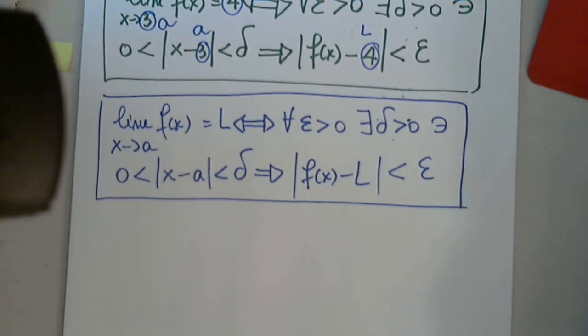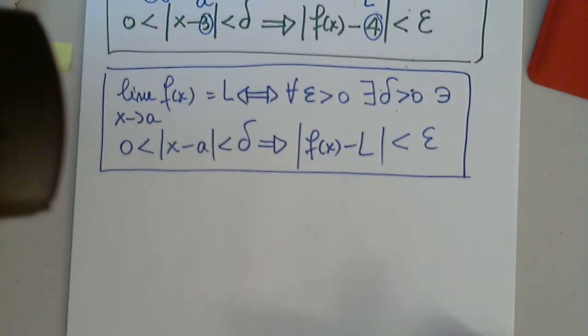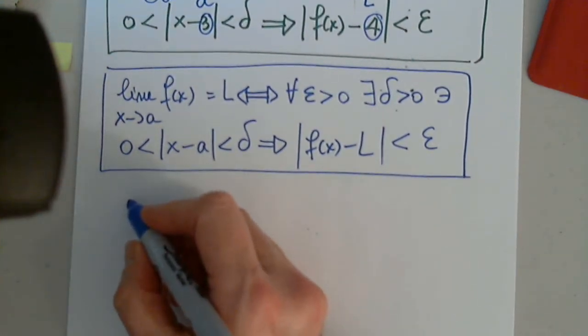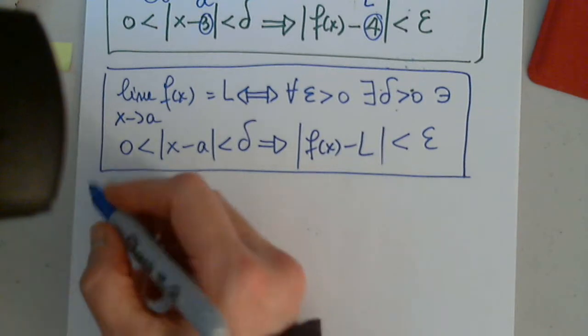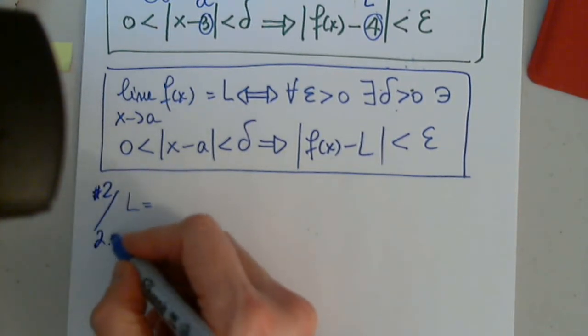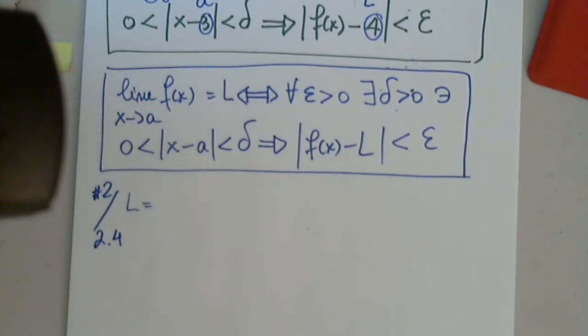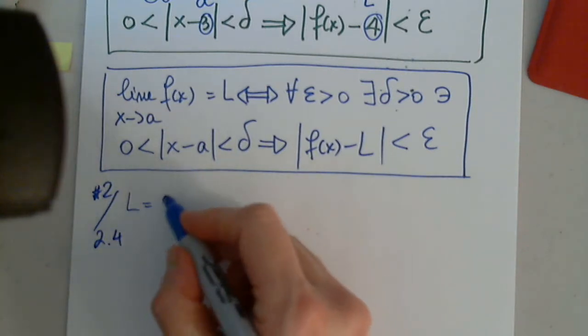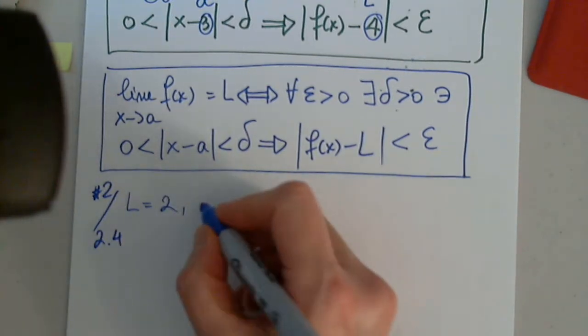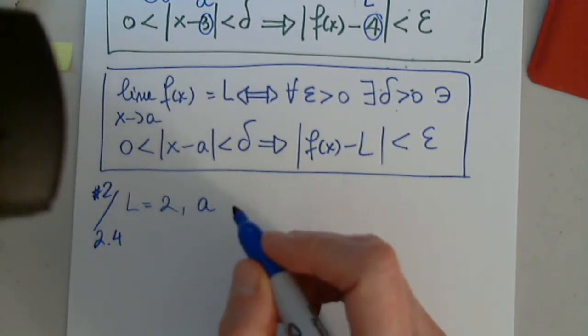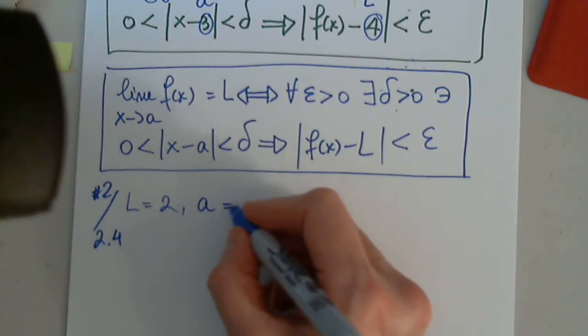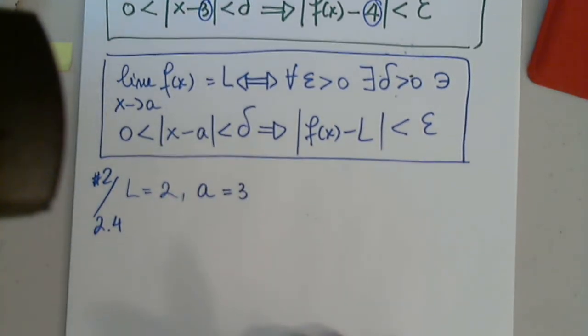Can anyone identify for us the limit in this problem? This is problem 2 in 2.4. 2? Very good, thank you. Can anyone identify for us lowercase a? Is it 3? Of course. Thank you.